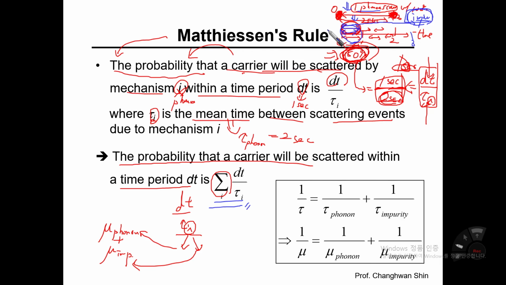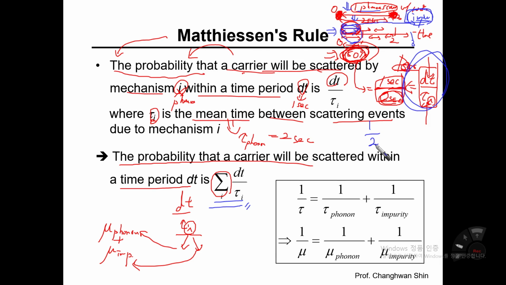In this 1 second time window, phonon scattering may happen, and impurity scattering may happen. Let's estimate the probability value of finding a phonon scattering event. How to do that? Let's use this again: every 2 seconds, but the time window that I'm looking at is 1 second.